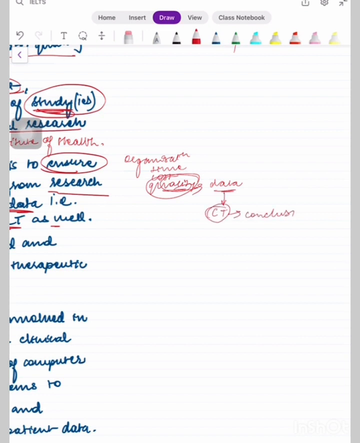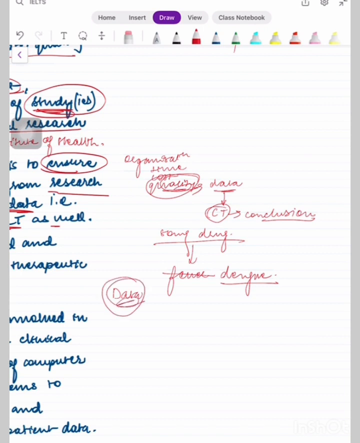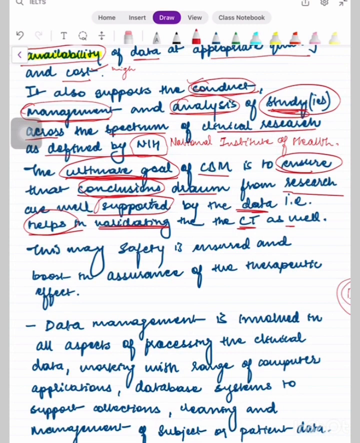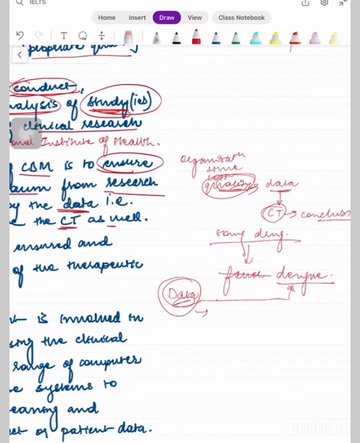Suppose I have concluded that my 50 mg drug helps in the treatment of fever and dengue. Then the data I have produced through clinical trials should support this claim, this conclusion. It helps in validating the conclusion that yes, I have supporting evidence.